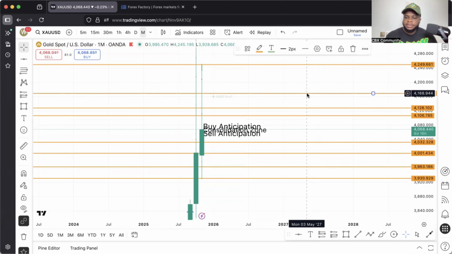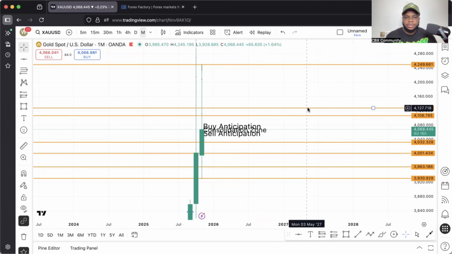Let's remove this line so that we'll be able to have an idea what the market is saying.